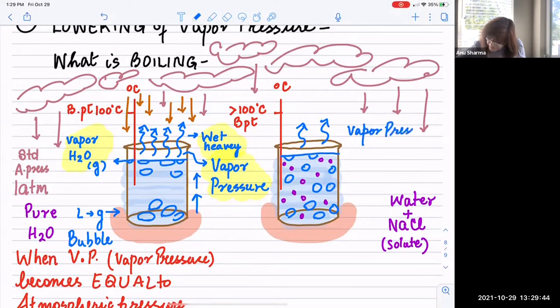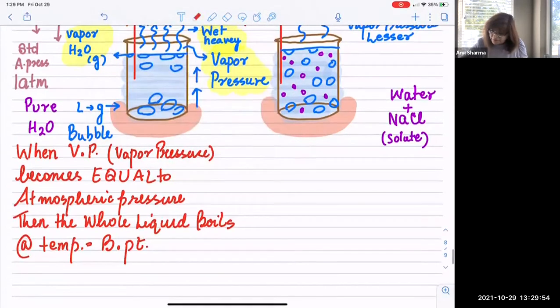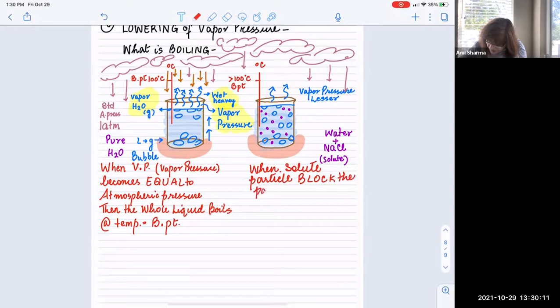So there is lesser vapor pressure. Let's write this down here: solute particles block the path of bubbles.